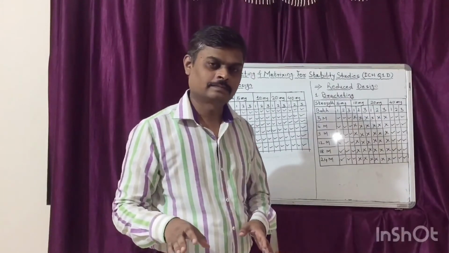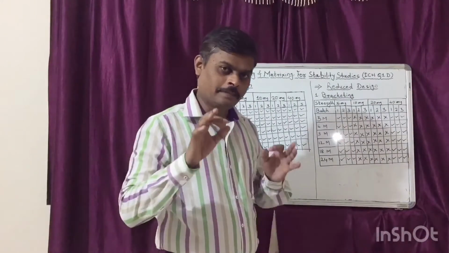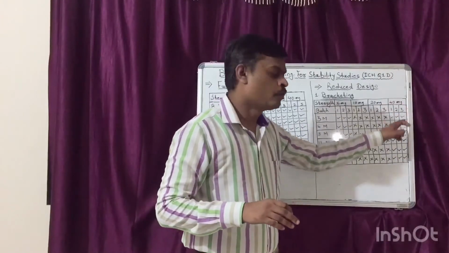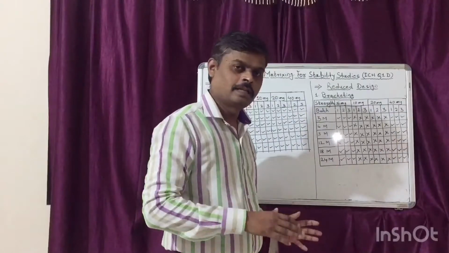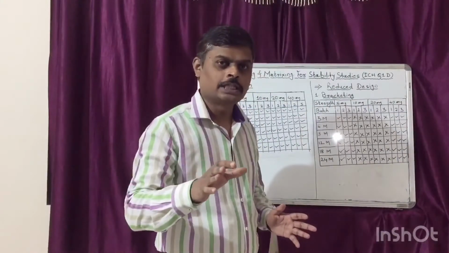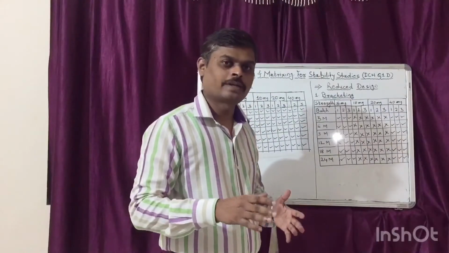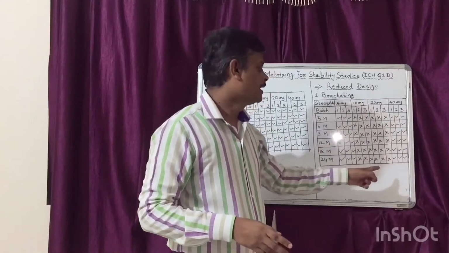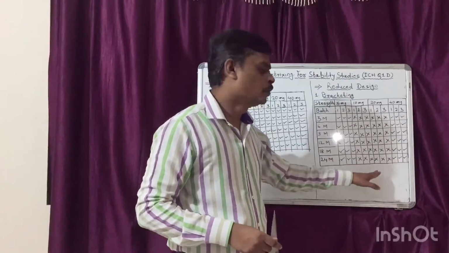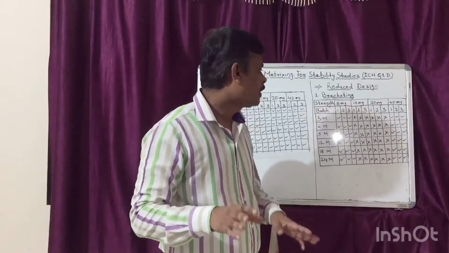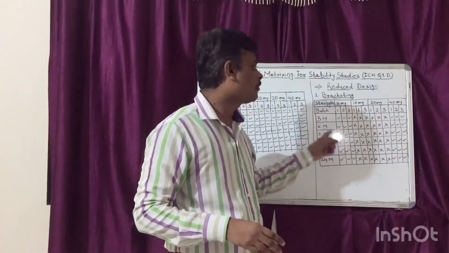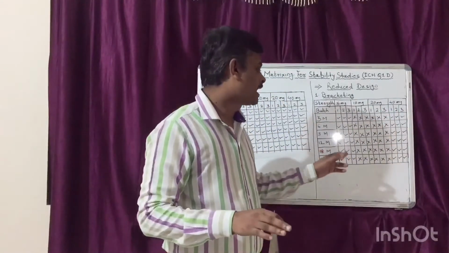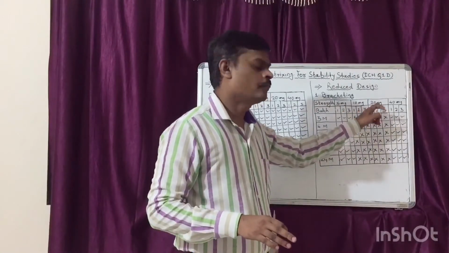It means that if the product of 5 mg and 40 mg strength is stable up to 24 months, you can assume that, or you can consider that the 10 mg and 20 mg is also stable up to 24 months. So based on the stability data of 5 mg and 40 mg, you can assign the shelf life for 10 mg and 20 mg.